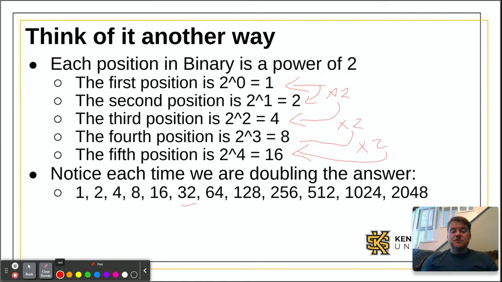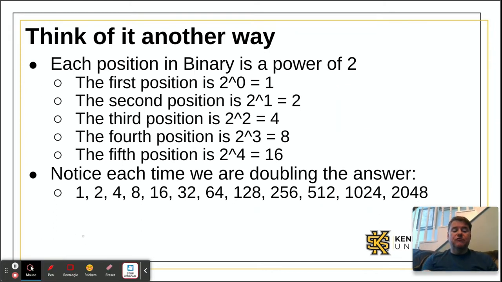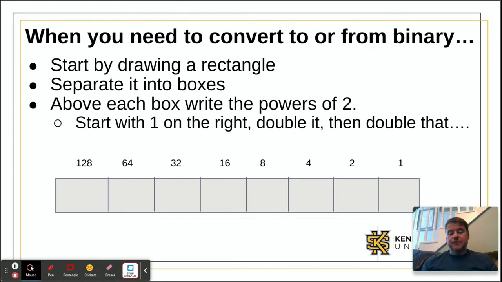And 16 doubled gives you 32, 64, 128, 256, 512, 1024, 2048. So binary is actually counting in powers of 2. And this is a very helpful way of converting back and forth between stuff. So anytime you're asked to convert a number into binary, here's what I want you to do.